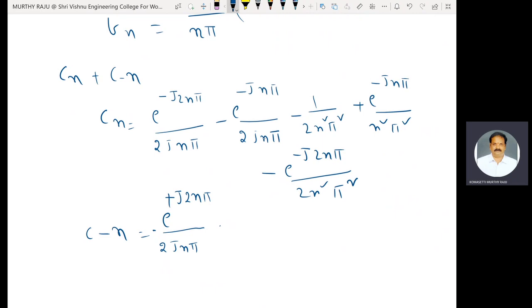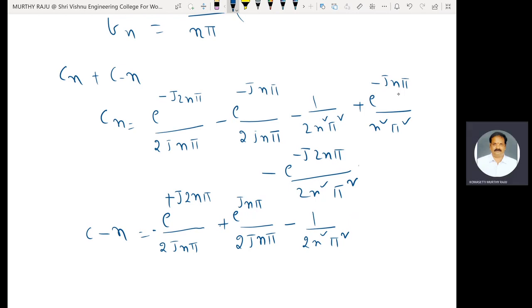Here n is replaced with minus n, minus into minus plus e^(jnπ) by 2jnπ. Here 1 by 2n²π² as it is, because n is replaced with minus n, minus n whole square is n square.